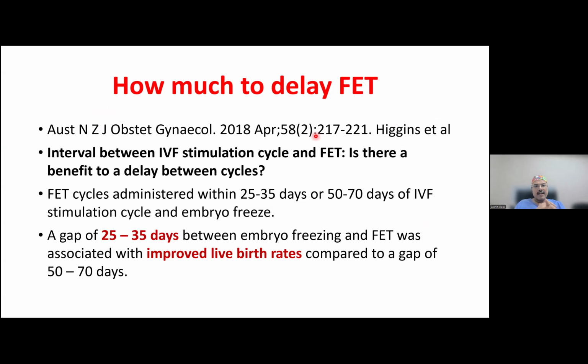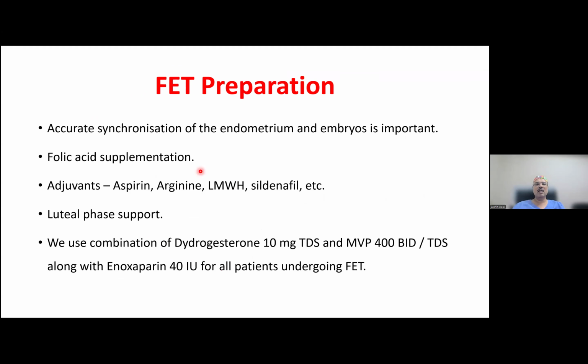So when you have done your oocyte pickup, made the embryos, and frozen the embryos, and you are doing transfer in the immediate next cycle versus delaying it by 2 to 3 months, the pregnancy rates are better in the next cycle compared to a gap of 50 to 70 days. I have not put all the data here. You can just check this out on PubMed and you can get this paper. I would recommend going through this paper.